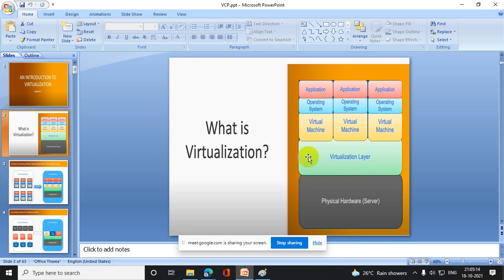Now these physical servers have certain capabilities. Every server has capabilities, physical RAM I'm telling, 64 GB of RAM, 2 TB of hard disk, 16 cores of processors. So this is the physical capability of the hardware. Now the way you install here is called hypervisor or bare metal.